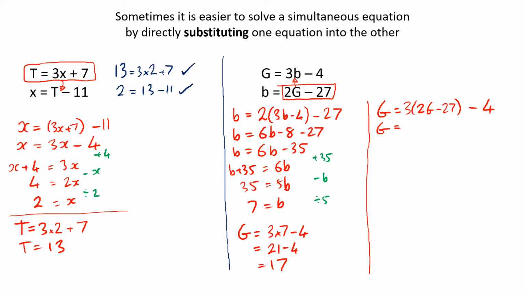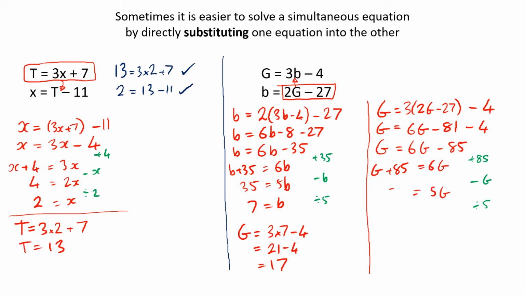So then do the same thing as we've been doing, expand that, so 6G, a little bit similar looking, but we'll try and remember that's a G, minus 81 minus 4, collect our terms, so G is 6G minus 85, and then the process we're going to go through this time, I think, is to add 85 to take away G, and then to divide by 5. So we'll end up with G plus 85 is 6G.